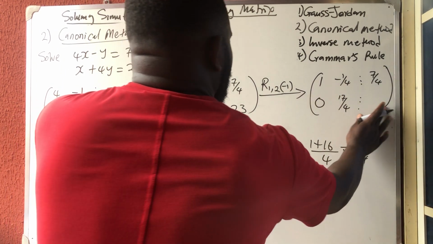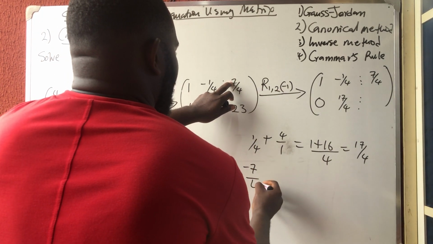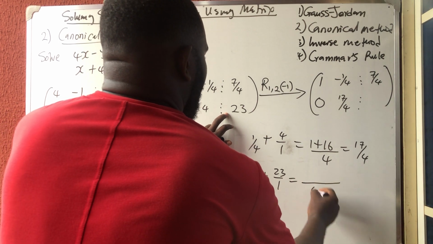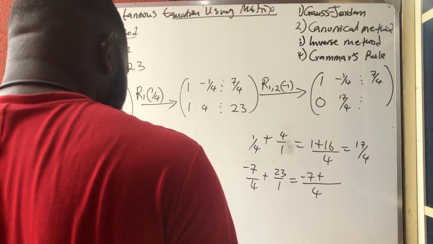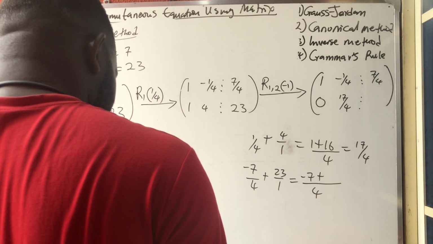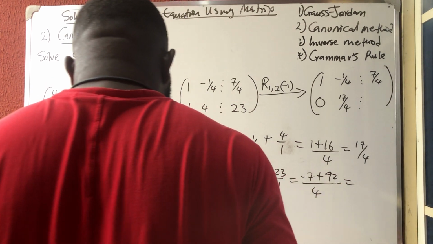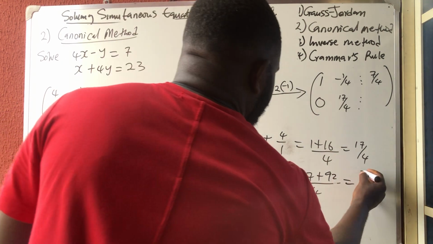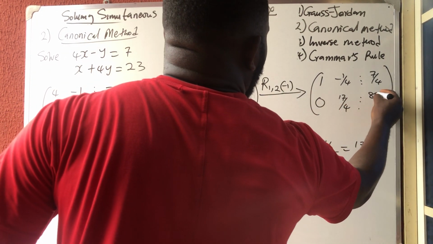Let's do the same thing again. -1 times this will give you -7 over 4 plus 23 over 1. LCM is 4: -7 plus 23 times 4. 23 times 4 is 92, which will give you then -7, so 85 over 4. So here I got 85 over 4.